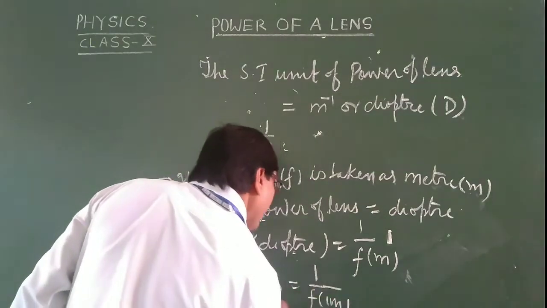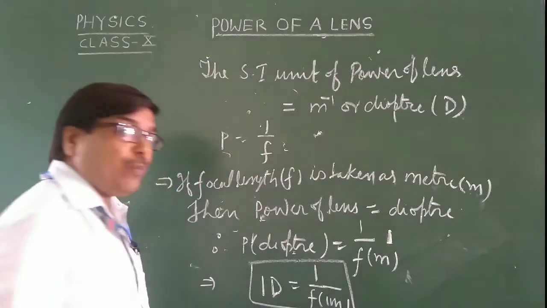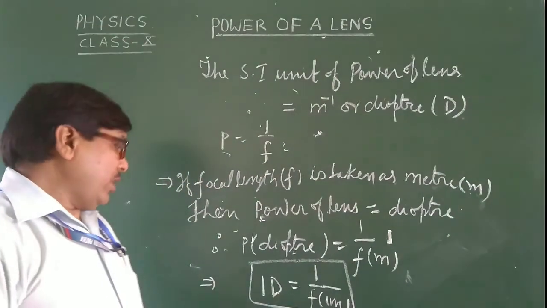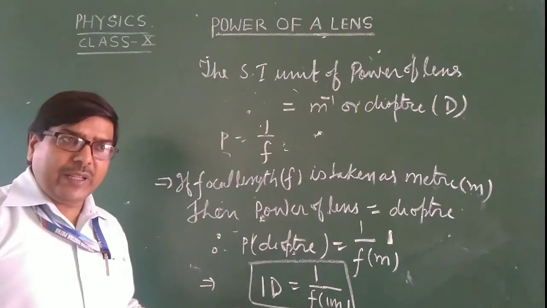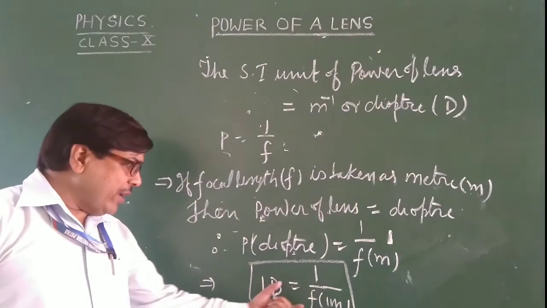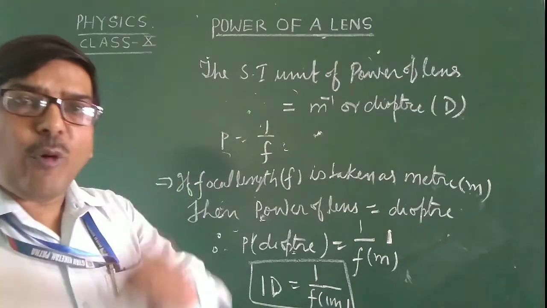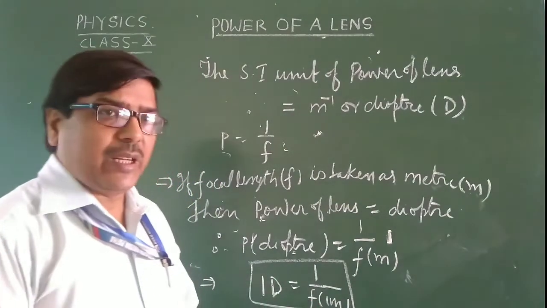Hence 1 diopter, 1D, corresponds to focal length 1 meter.